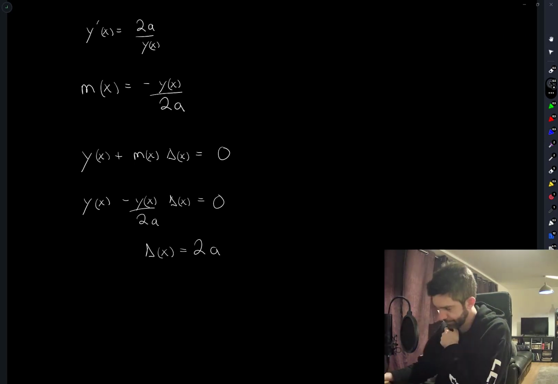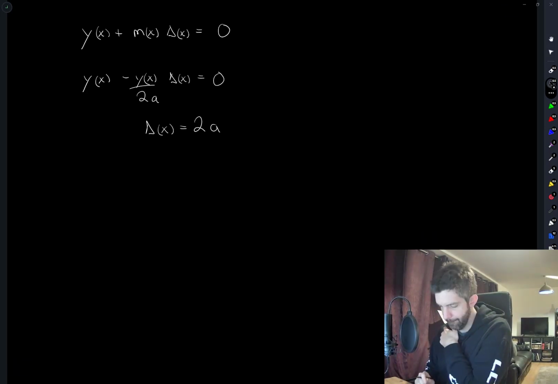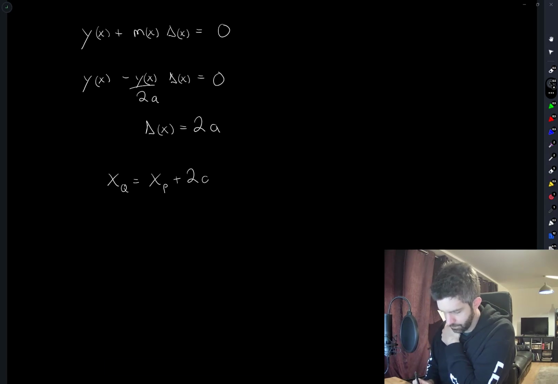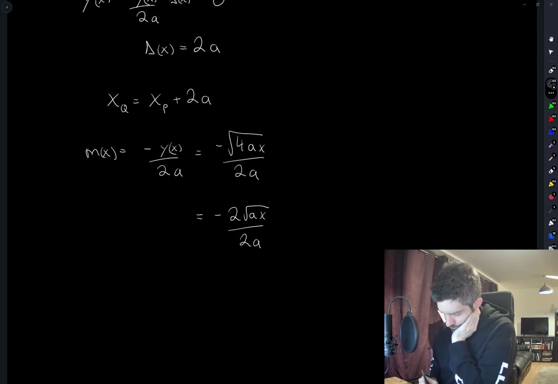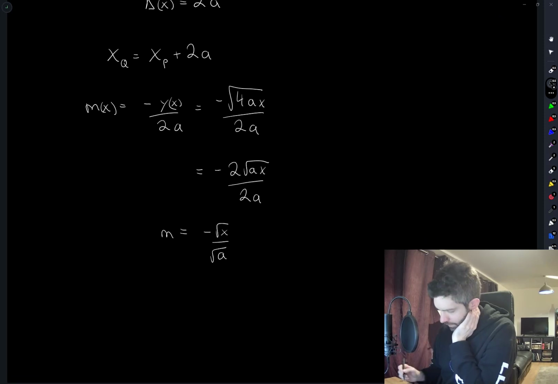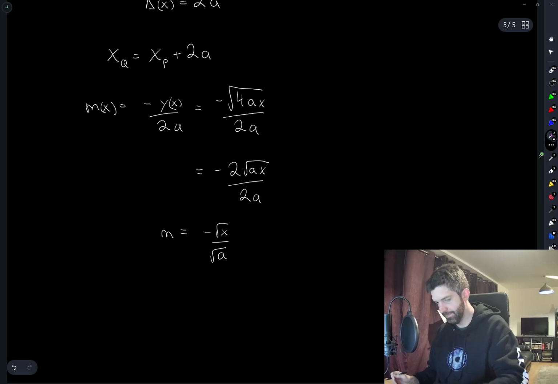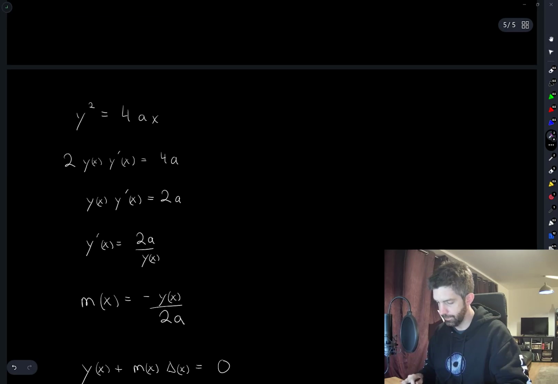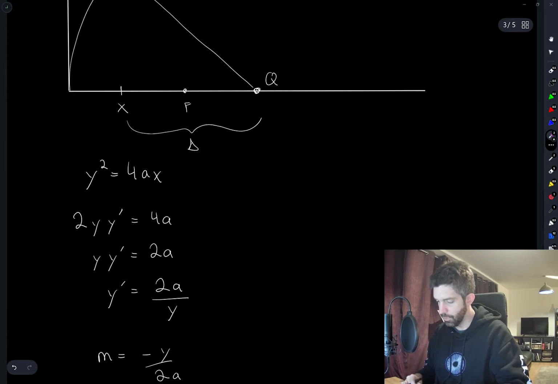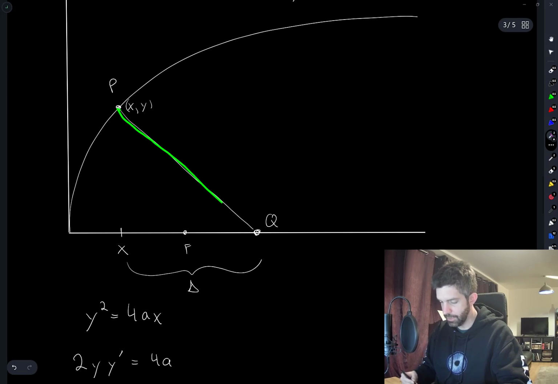Anyway, I'm using the wrong side of the parabola here because we were told that the slope of this normal line is a positive integer, but of course that just means it's down here somewhere.